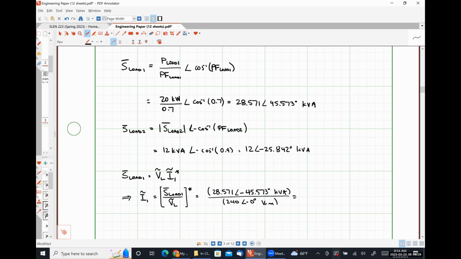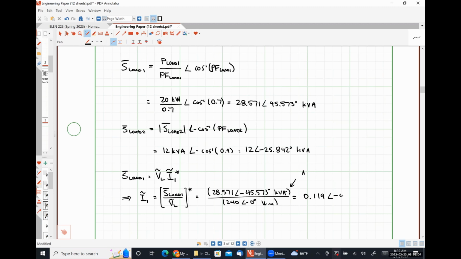So because I already have this bit stored in my calculator as A, because I'm using the Casio calculator, I'm going to do the conjugate of A over 240 angle 0. And this comes out as 0.119 angle -45.573 degrees.